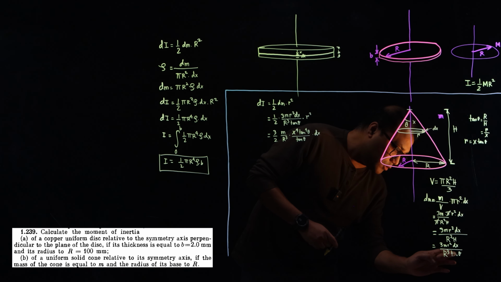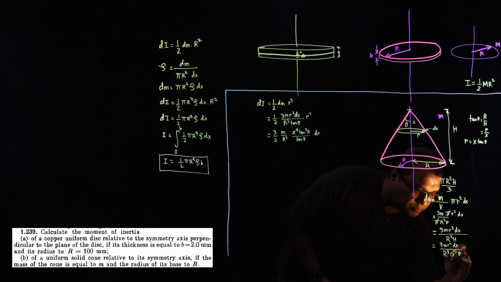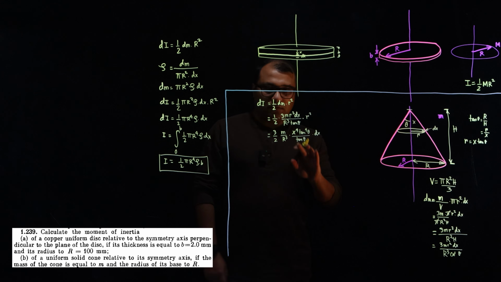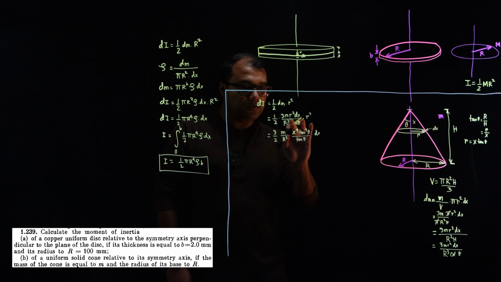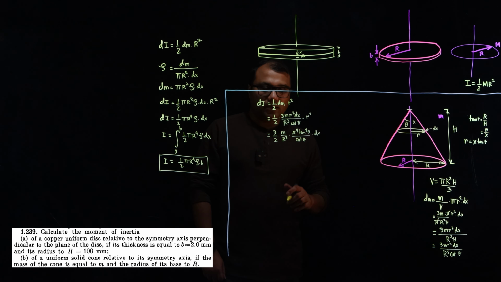This should have been cot theta. So R cube cot theta. So this becomes tan to the power 3 theta.